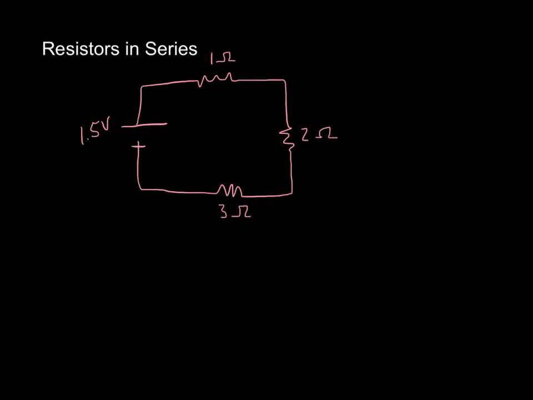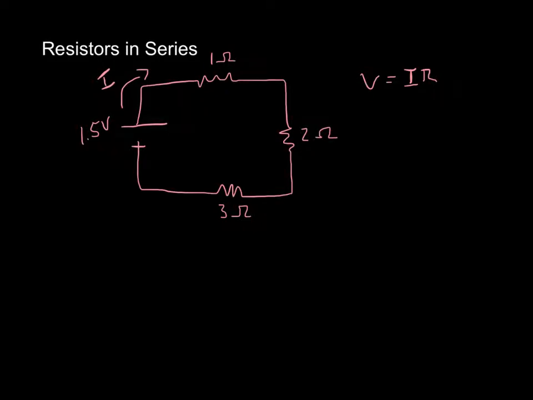When we have resistors in series, we're going to say maybe our current flows this direction. We want to look at what's happening at each individual resistor. So if we think about Ohm's law, V equals I R, we can figure out what's happening at each resistor.